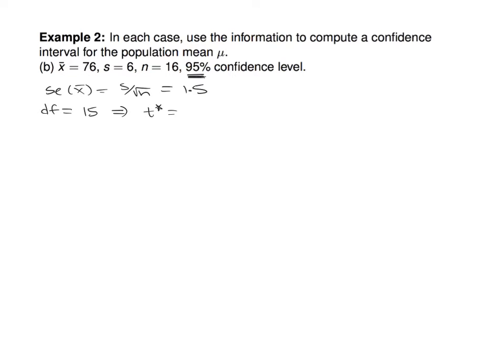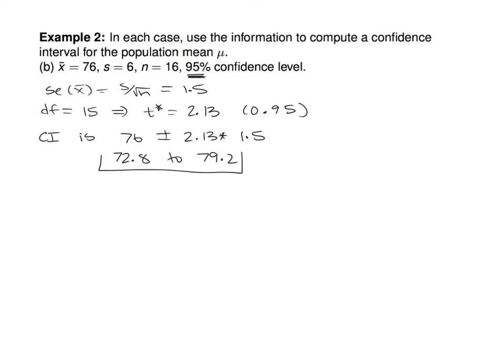It's 2.13, and that was looking at the 0.95 column of that table. So our confidence interval is 76 plus or minus 2.13 times 1.5, which is 72.8 to 79.2.